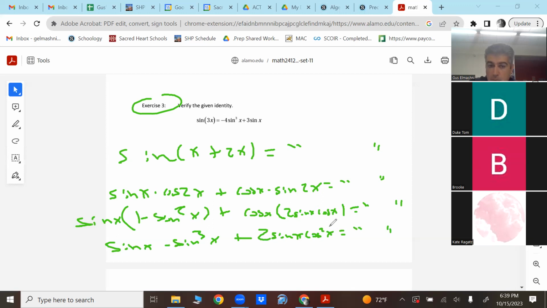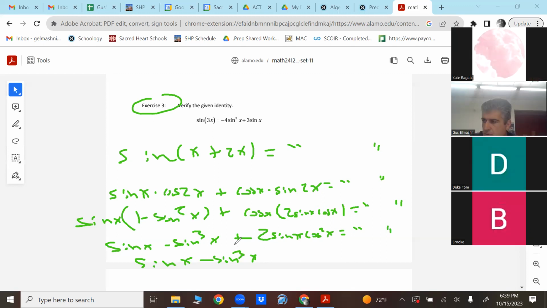And then you can convert cosine squared to 1 minus sine squared. So this could be one of the medium level identities that I said I could have. And then distribute, and you should get it all to work out pretty nicely.